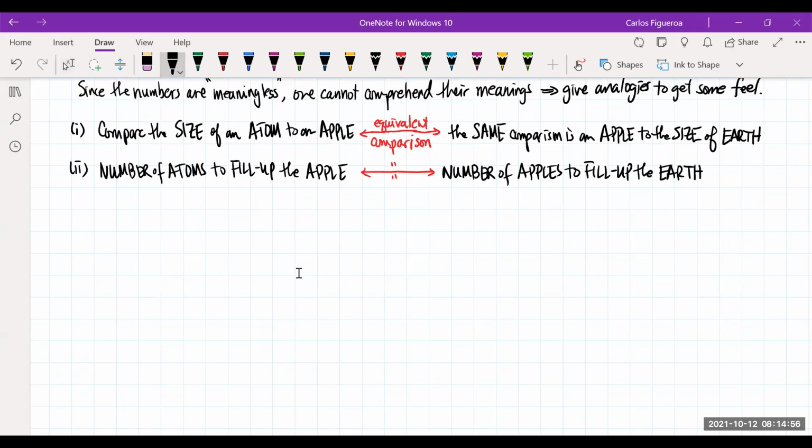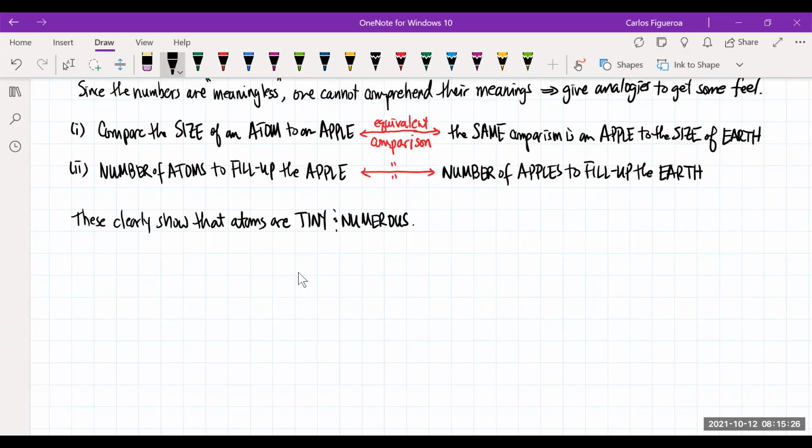So these two statements clearly show that atoms are tiny and numerous.